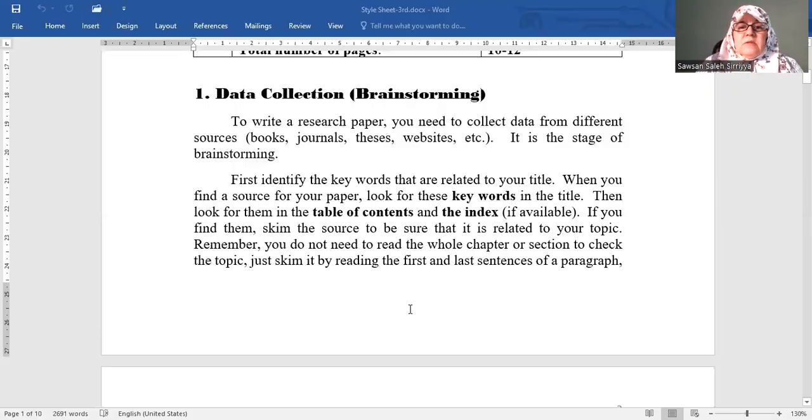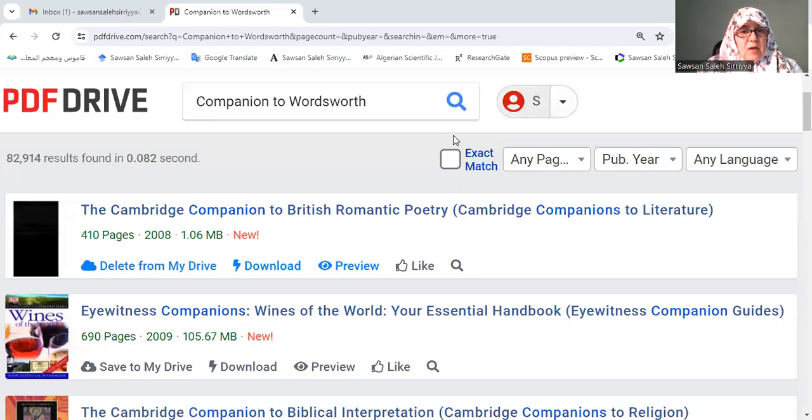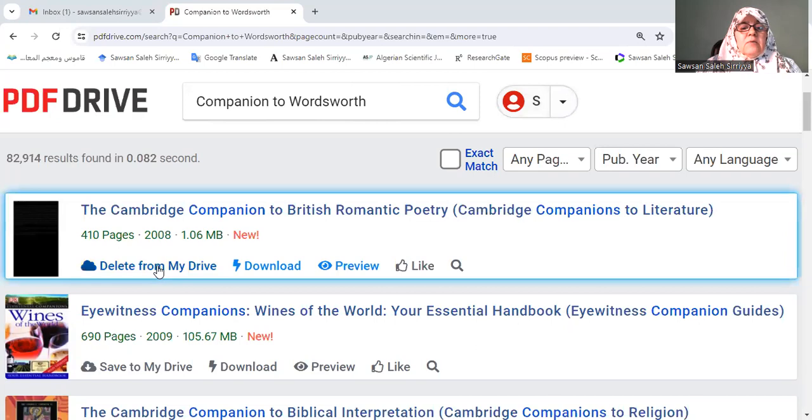There are certain free sites on the internet that may provide you with free books. Let me show you one, for example. You can search here. This is the PDF drive. You have to have your own account, and then you can download the books.